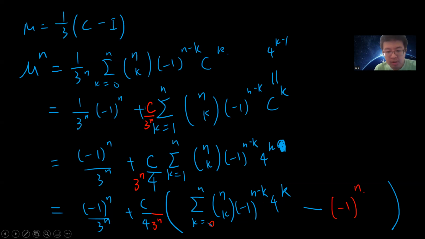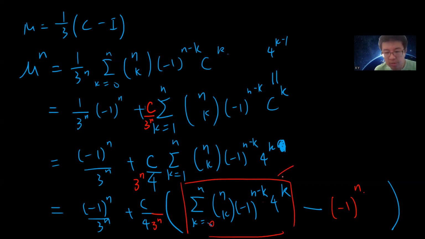Now this will be (-1) to the n minus k times 4 to the k, so you can write it as 3 to the n using the binomial expansion.